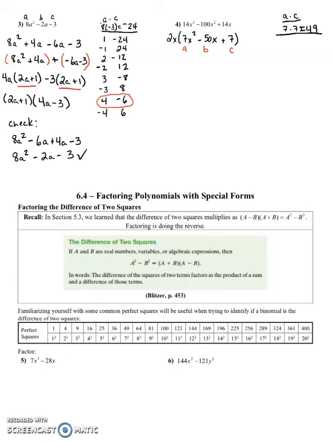So, things that multiply to give us 49: 1 and 49, or negative 1 and negative 49, and 7 and 7, or negative 7 and negative 7. They need to add up to be negative 50, so that's the negative 1 and the negative 49.